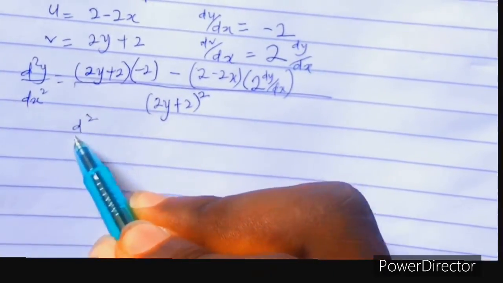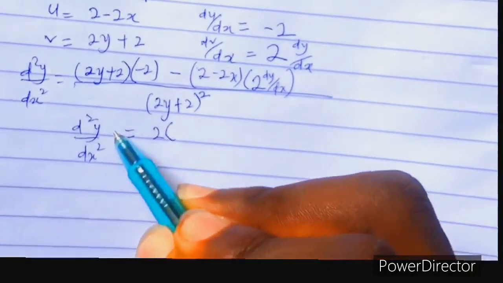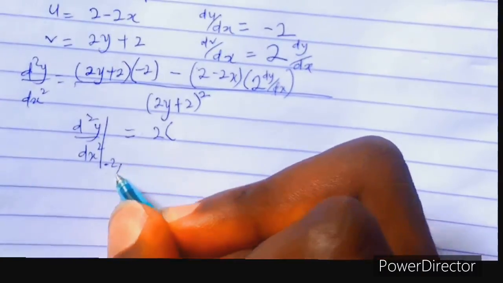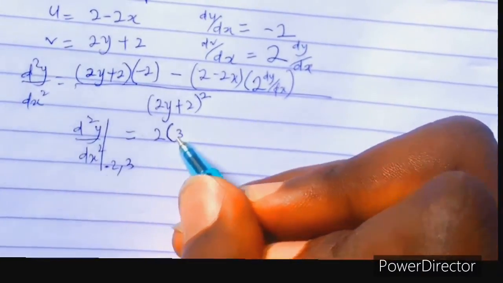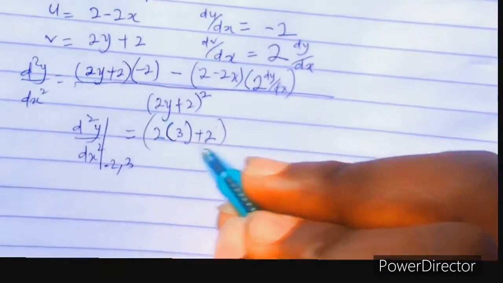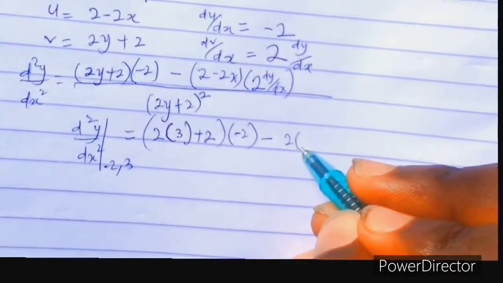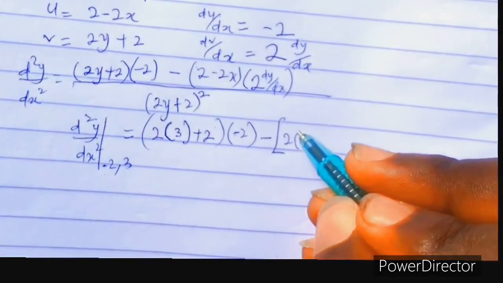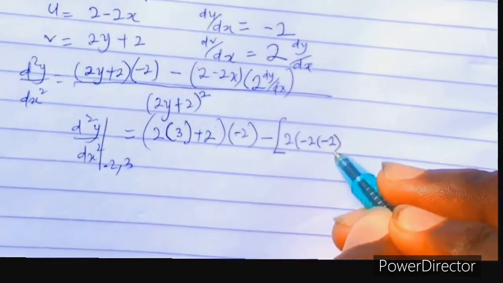That means d^2y/dx^2 at x equals -2 and y equals 3 will be 2(3 + 2), then open bracket -2, minus, let me use a parenthesis, (2 minus -2).